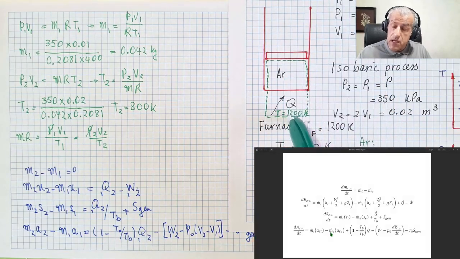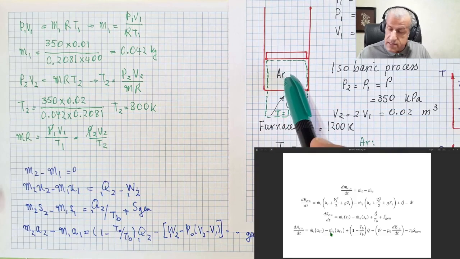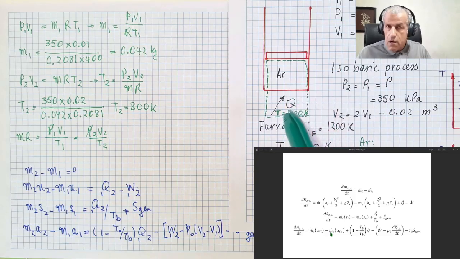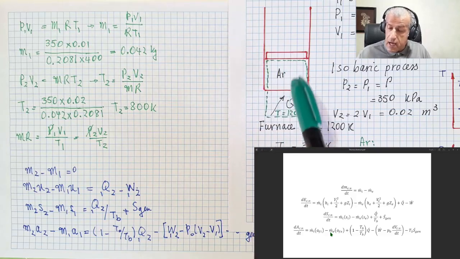This boundary, its temperature is 1200 Kelvin, and heat transfer happens from it. Basically, the irreversibility for heat transfer between 1200 Kelvin and the argon temperature, which is initially 400 and finally 800, both lower than 1200 Kelvin, all the irreversibility here is included inside our boundary.